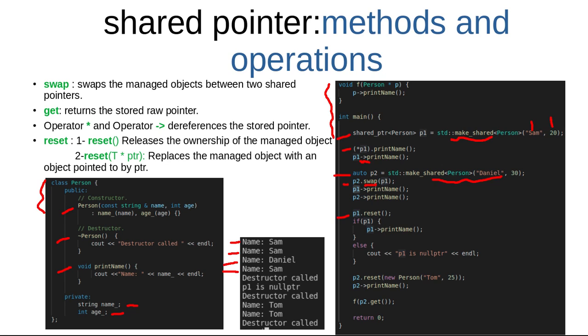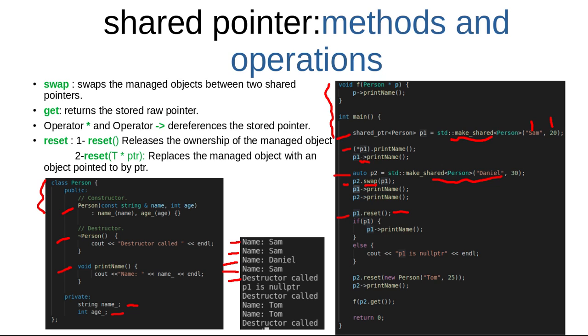p1.reset. p1 points to an object that's only pointed to by p1. So when I call reset, it means that p1 will no longer point to the object, and because the object was only pointed to by p1, its reference counter becomes 0 after this, so the object itself will be released and the destructor called.